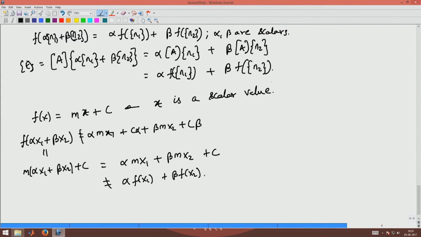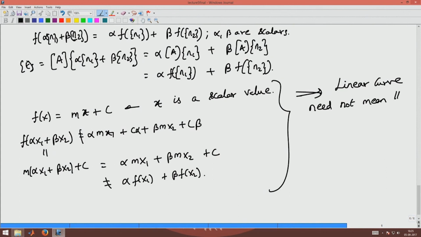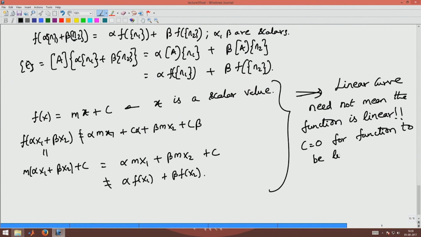A linear curve need not mean the function is linear. c has to be equal to 0 for the function to be linear.